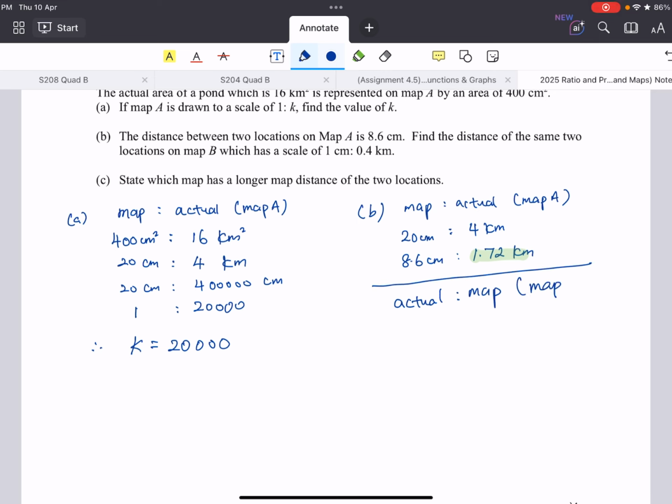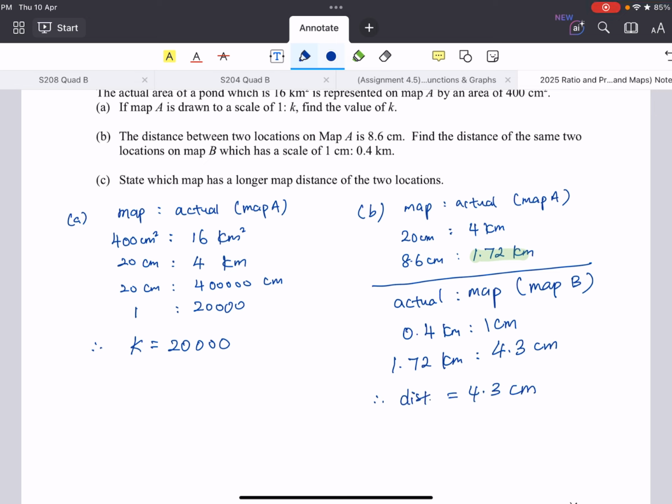This is map B. So what we have here is 0.4 kilometer represented by 1 cm, right? So therefore 1.72 kilometers is represented by, so 1.72 divided by 0.4 will give us 4.3 centimeter. Cool, right? So therefore distance equals 4.3 centimeter.